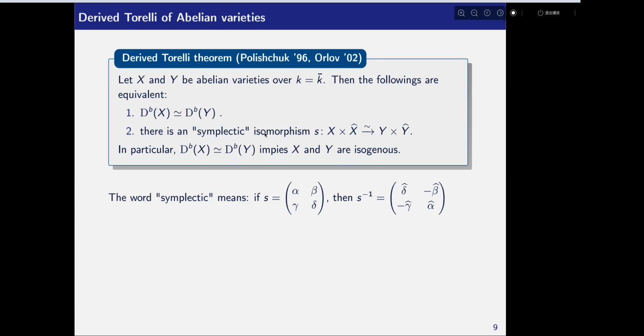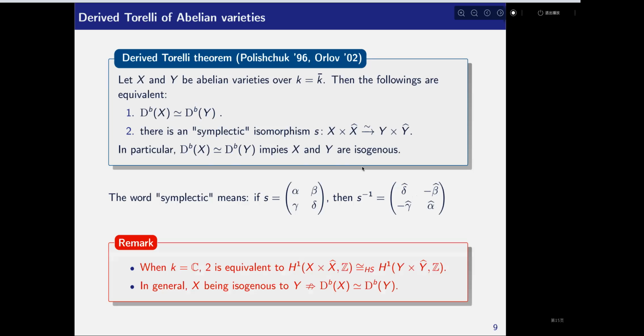This is a very beautiful classification of the Fourier-Mukai partners of abelian varieties. It also has nice realizations: when k is the complex numbers, condition 2 is equivalent to a Hodge isometry between H1 of x cross x dual and H1 of y cross y dual.